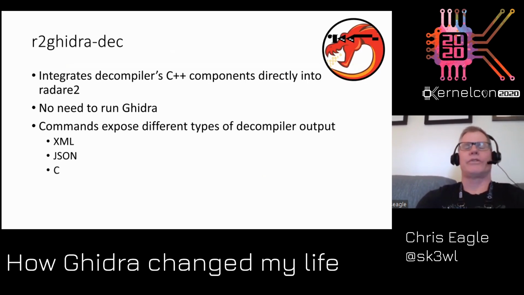The Radare folks have also published an integration of the Ghidra decompiler into Radare. They call it r2ghidra-dec. What they have done, which is a model that I followed, is they have taken the C++ sources and integrated them as, I suppose, a plugin directly into Radare.